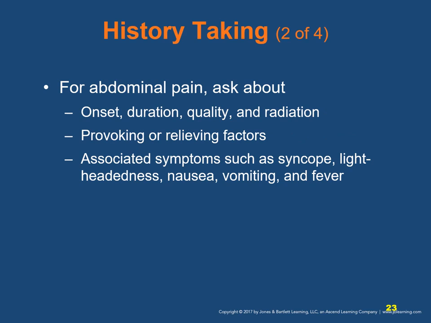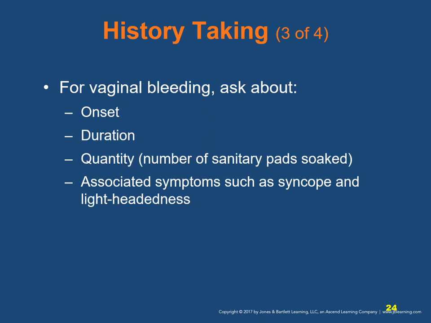For abdominal pain, ask about onset, duration, quality, and radiation, provoking or relieving factors, and associated symptoms such as syncope, lightheadedness, nausea, vomiting, and fever. For vaginal bleeding, ask about onset, duration, quantity, number of sanitary pads soaked, and associated symptoms such as syncope and lightheadedness.